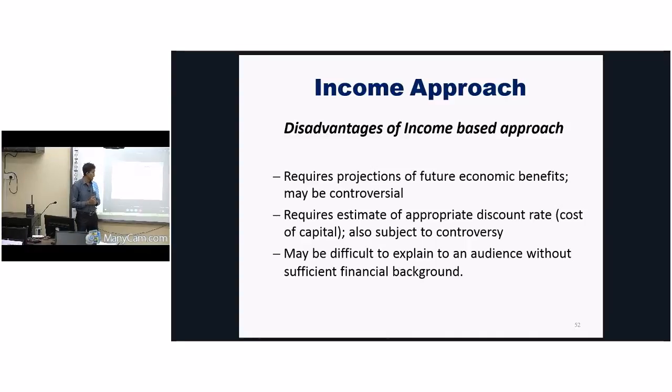In that method we learned 2 sub methods: the dividend growth model of Gordon, and then the discounted cash flow method. The dividend growth model we further categorized into constant growth, no growth, and constant dividend, and how we give a value to the business.